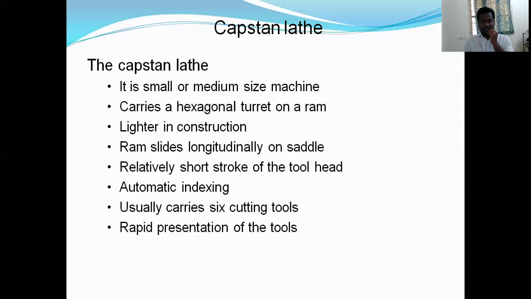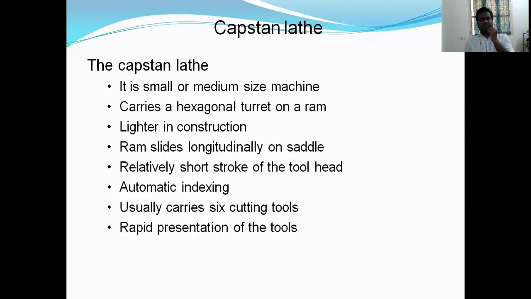The square turret is moving vertically. For longitudinal movement, the hand slides longitudinally. There is a relatively short stroke of the tool head, with automatic indexing.